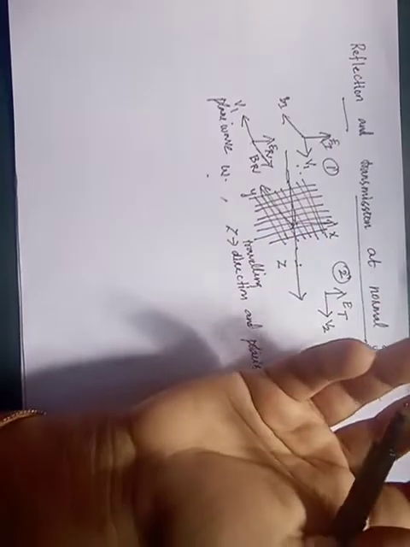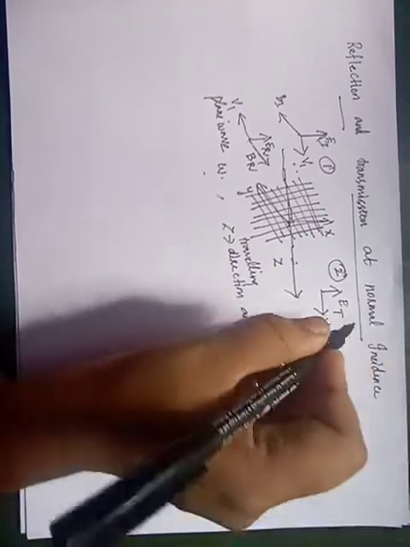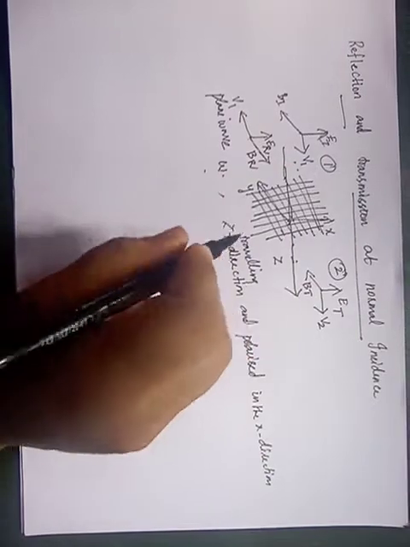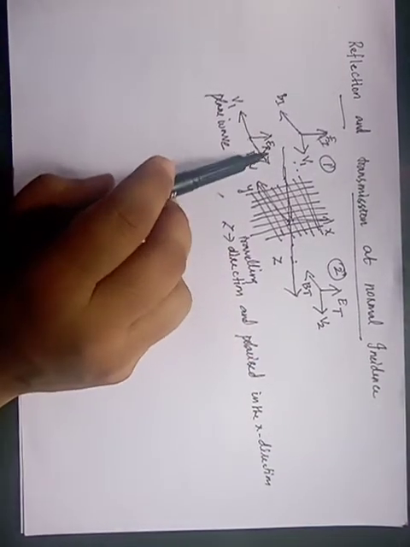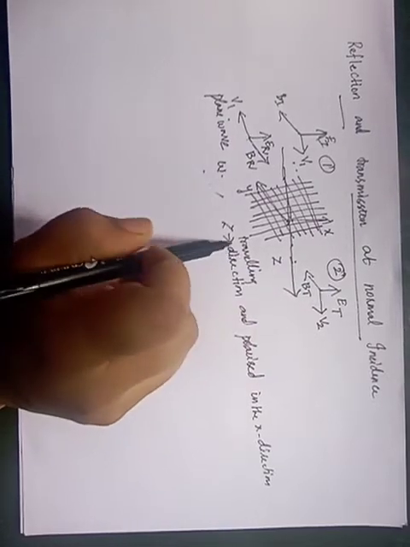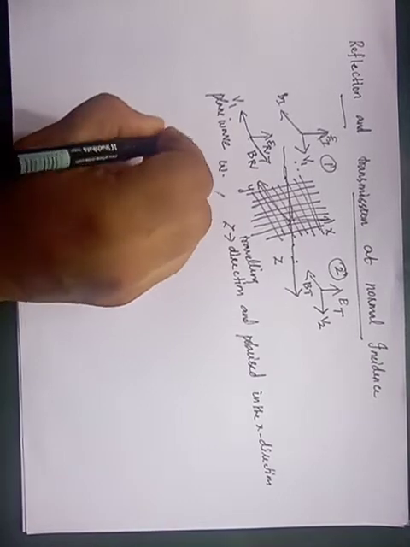While traveling into a different medium, the velocity may change. So here we write v2, and here is the transmitted magnetic field. So we have denoted the directions of the incident, reflected and transmitted electric and magnetic fields.